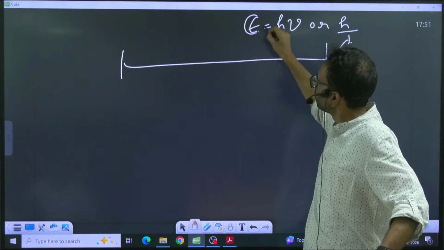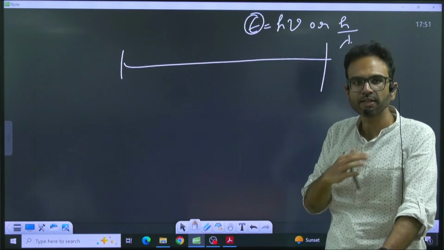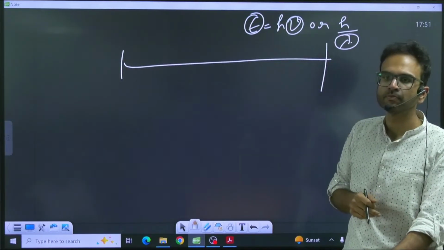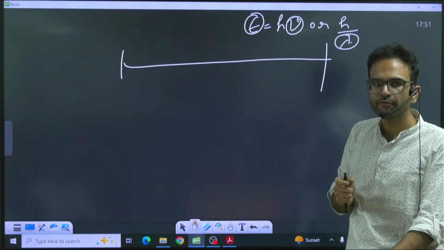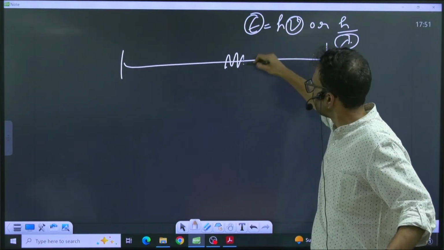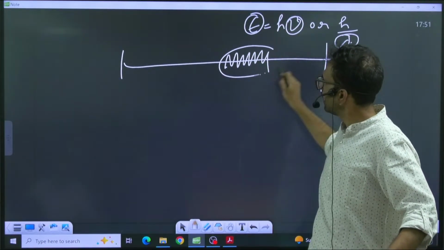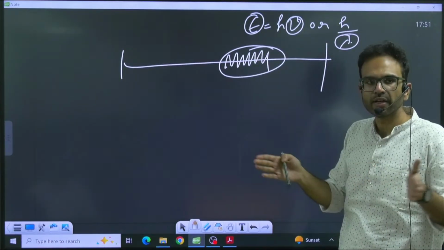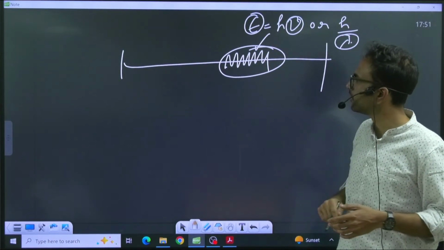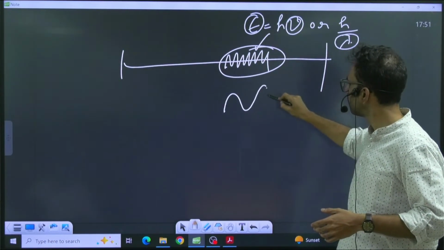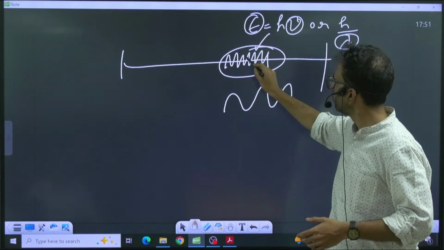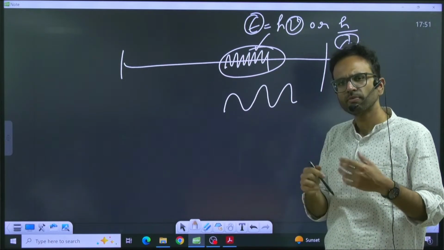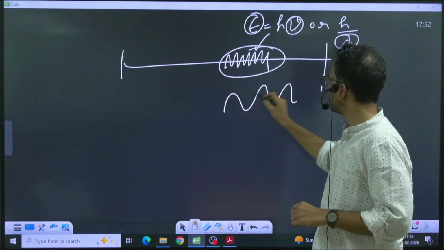The energy of a certain wave is a function of its frequency or wavelength. Simply put, this is the frequency part, the number of waves, highs and lows in a specific range. Here, 1, 2, 3, 4, 5, 6, 7. You see 7 highs. So in this case, frequency is 7. In this case, you only see 3.